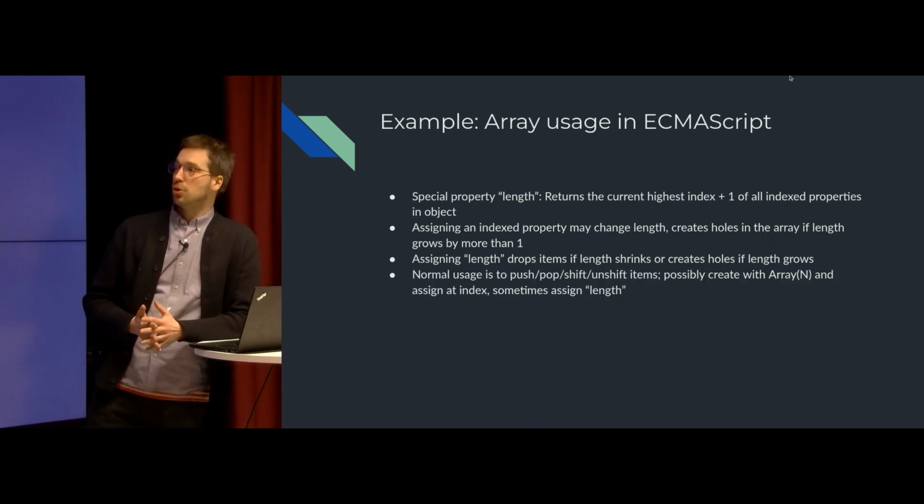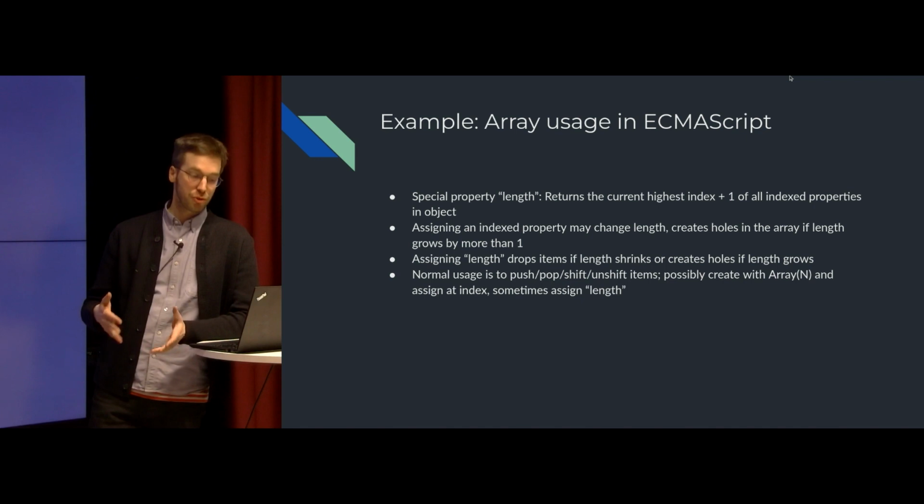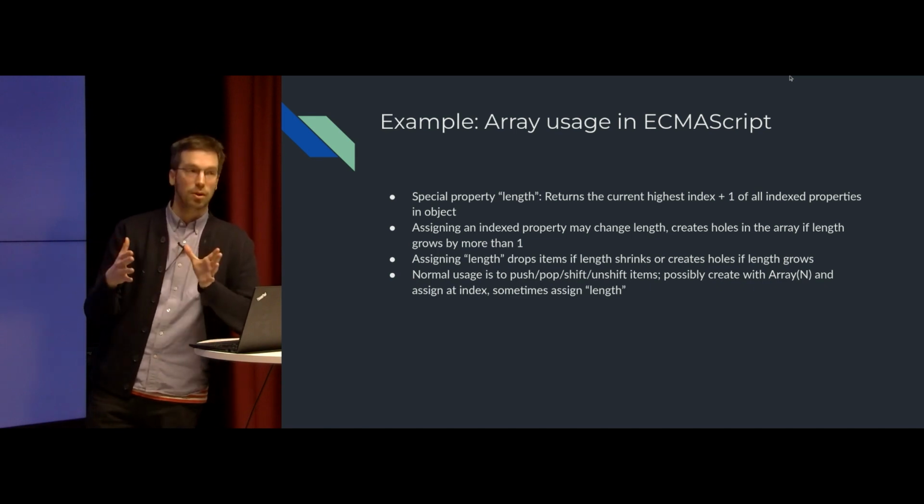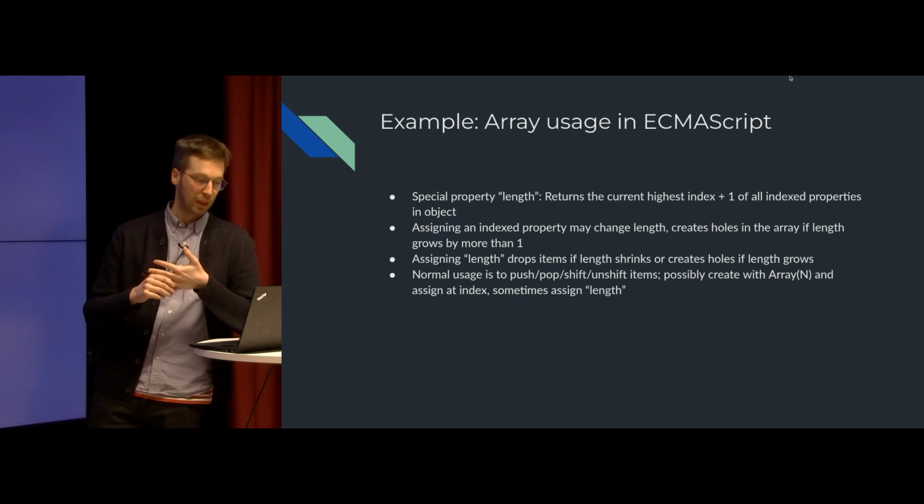And how you normally use arrays is that you push, pop, and unshift items into the array or out of it. So those always keep the array nicely compact. Always changes index by at most one.